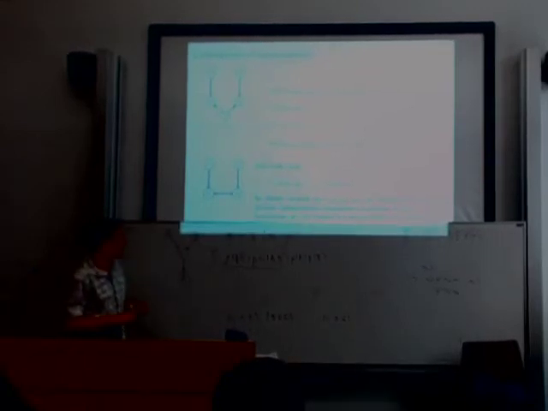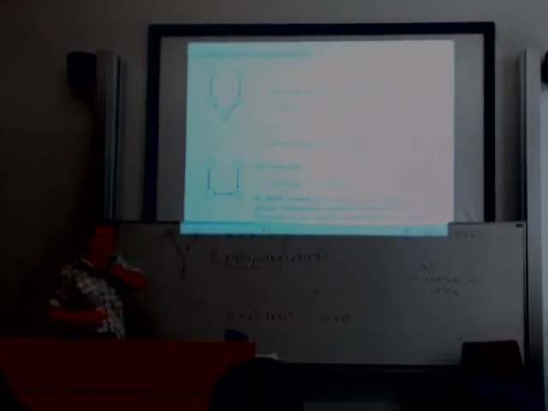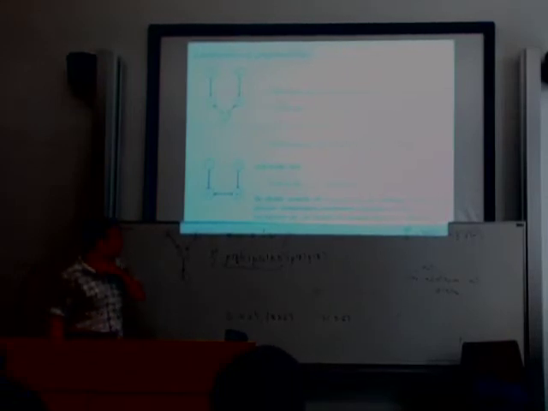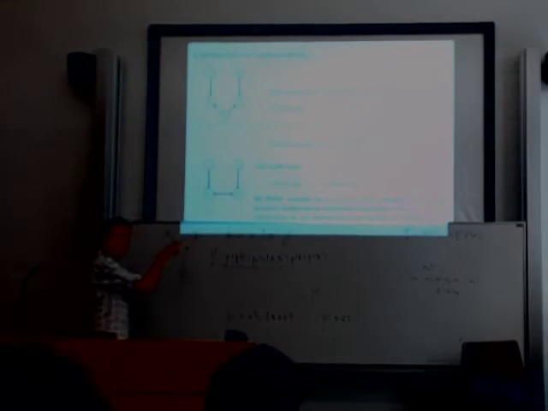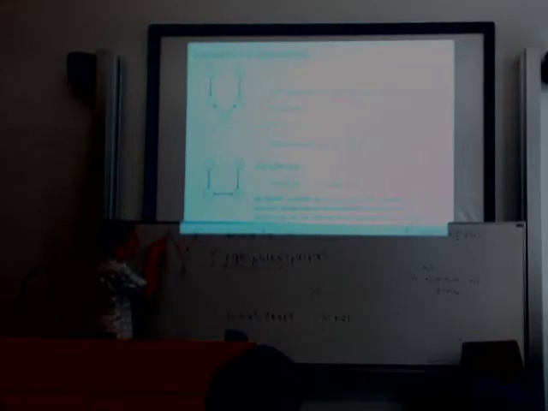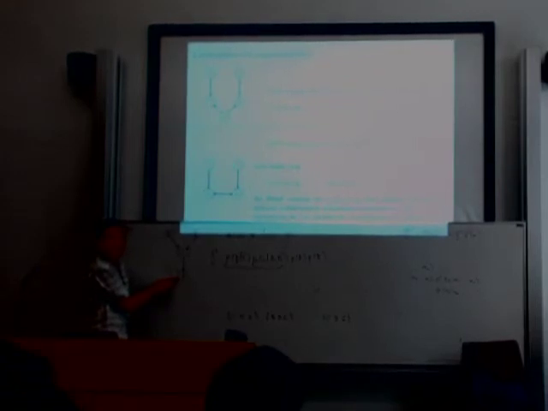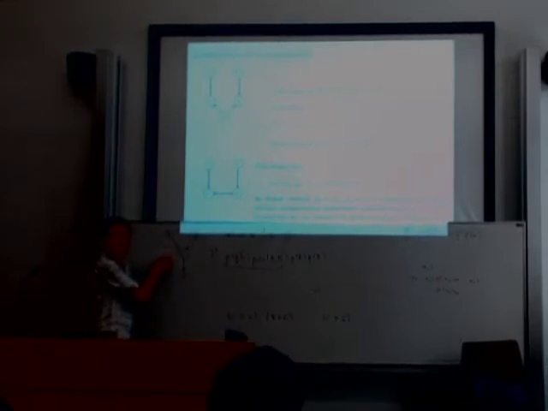Another thing to say is that this idea of a collider is a path-specific quantity. So C is a collider along the path A to B. It is not a collider along the path A to D. So colliders are properties of paths, not graphs as such.